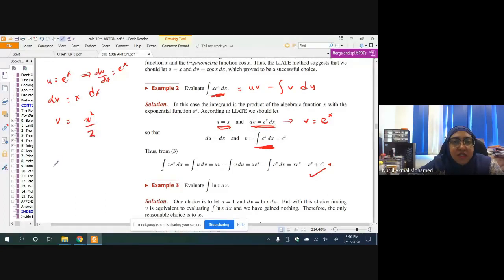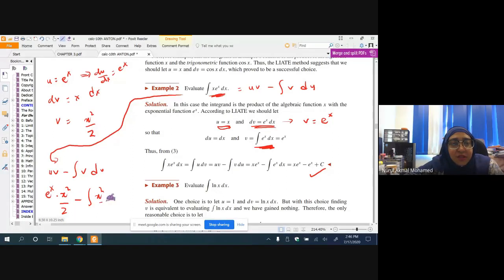By using integration by parts, this integral is uv minus integration of v du. So u here is e^x multiplied with v, which is x squared divided by 2, minus integration of v, which is x squared divided by 2, and then du.